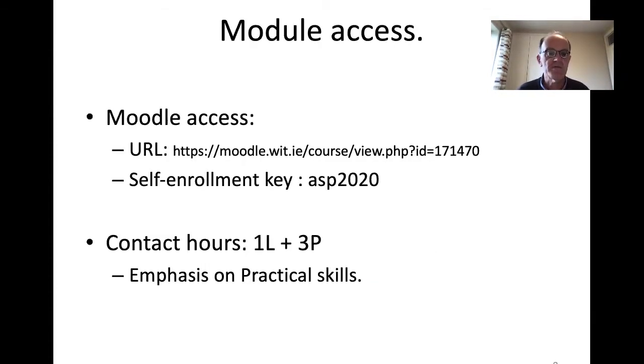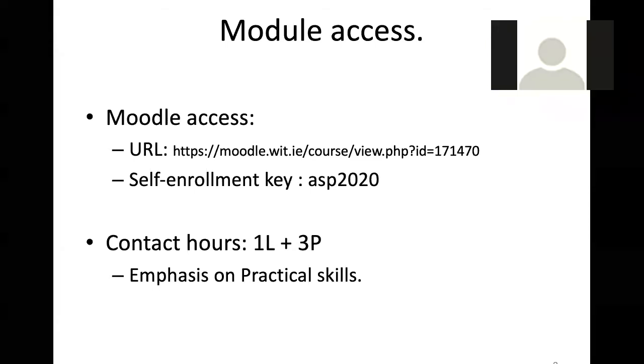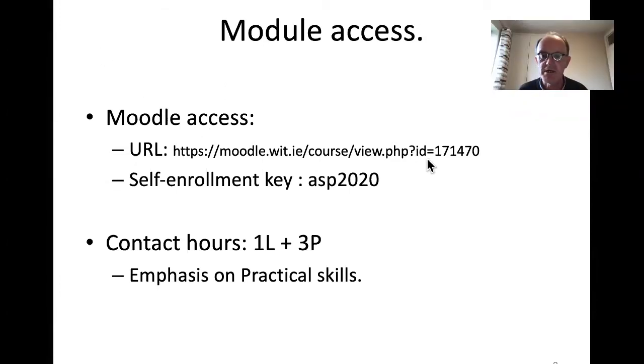So this is kind of a catch-22, but if you can't see this module on Moodle and you do have a Moodle account, this is a way of enrolling yourself on the actual module. The only part that's significant really is this little bit at the end. This part of the URL is standard. This is the significant bit at the end that identifies this module.